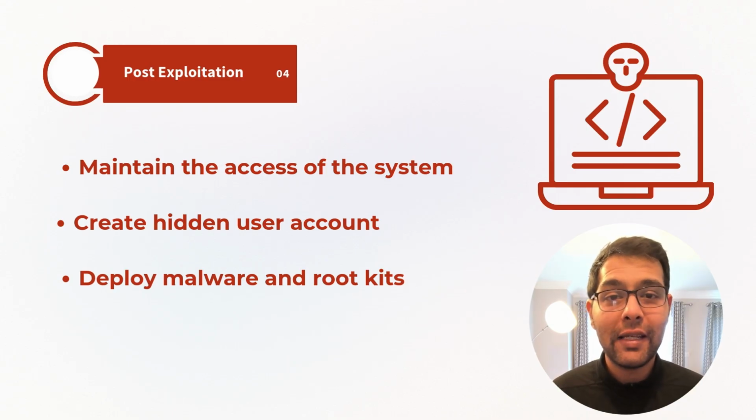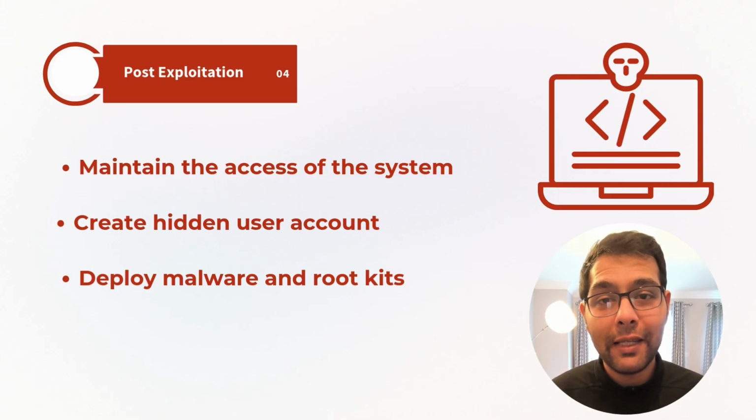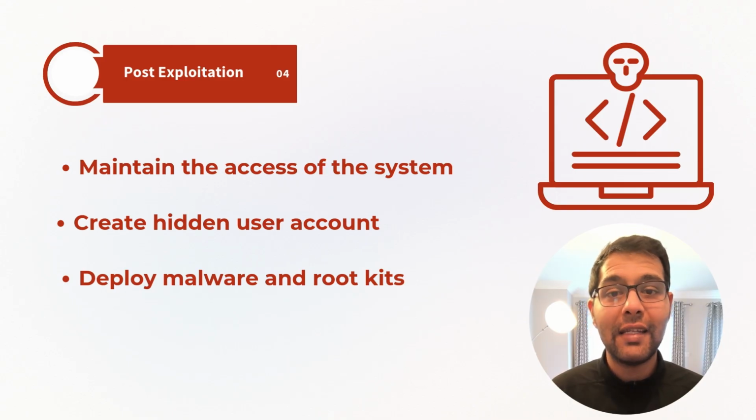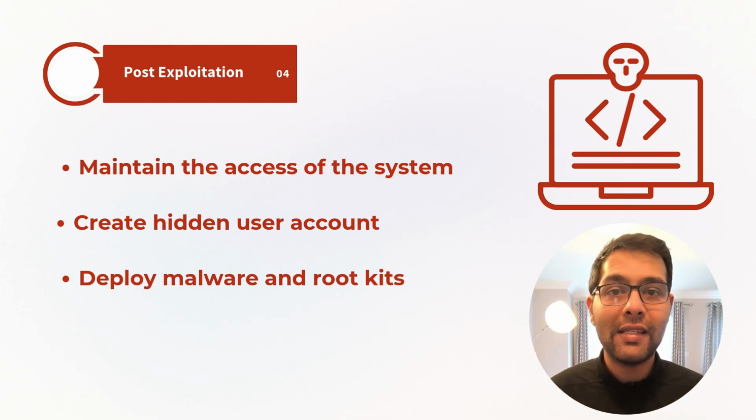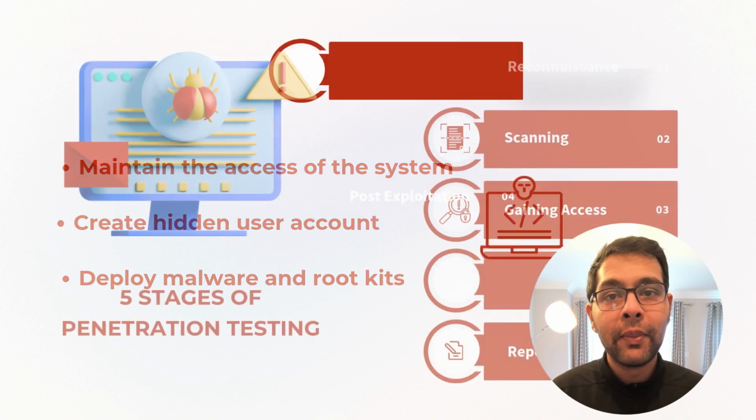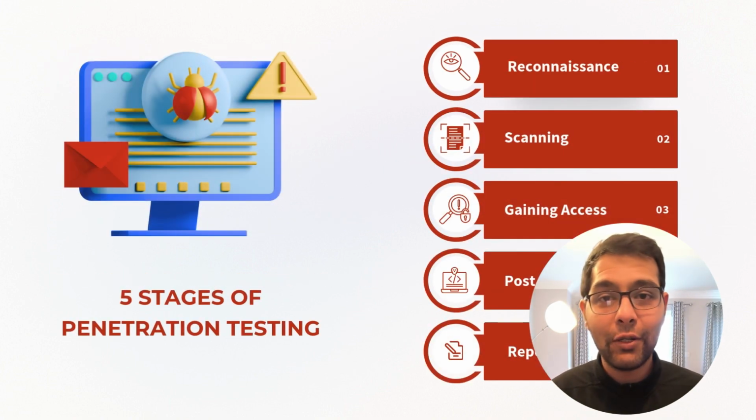And exfiltrating sensitive data, stealing confidential information like customer records or intellectual property, the usual. This phase helps companies improve their incident response and detection capabilities. As an ethical hacker, when you present these persistence aspects, it gives a company the foresight of what the possibility of persistence is.